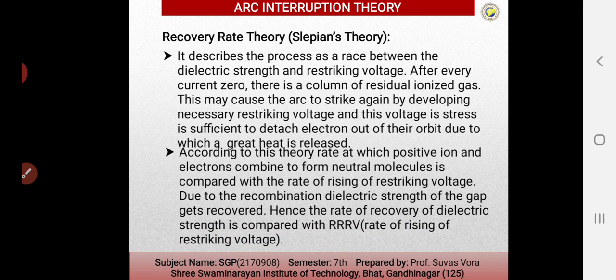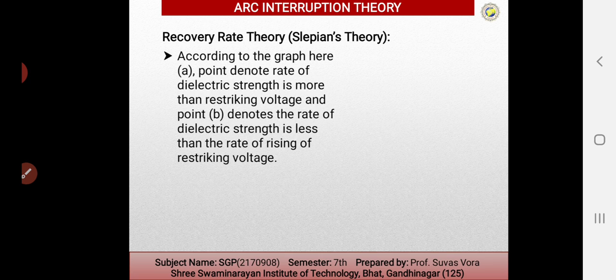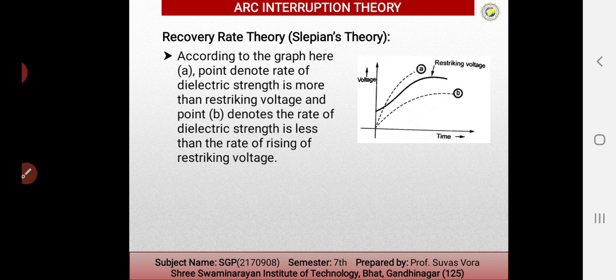According to this theory, the positive ions and electrons combine to form neutral molecules, and due to this recombination the dielectric strength of the gap recovers. This rate of recovery of dielectric strength is compared with the RRRV, the rate of rise of restriking voltage.